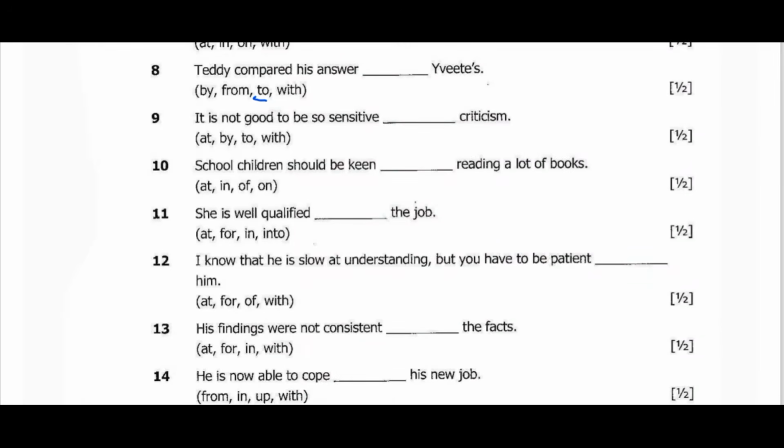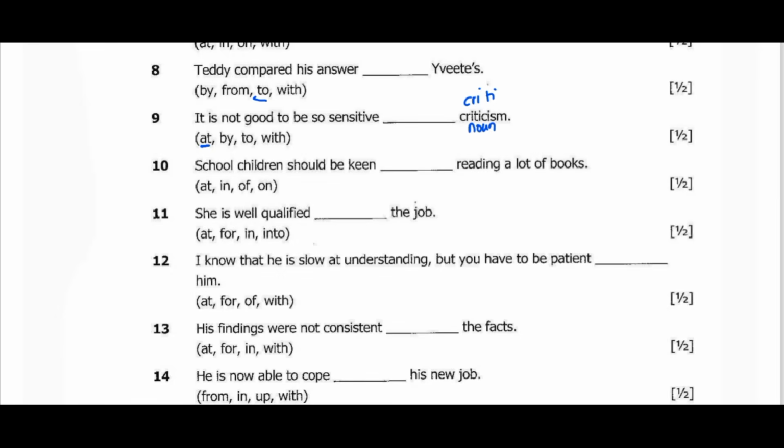9, it is not good to be so sensitive - criticism. So criticism here is a noun. Then criticize is a verb. So what comes before a noun? It is at. So it is not good to be so sensitive at criticism. Then if it was, it is not good to be so sensitive to criticize.